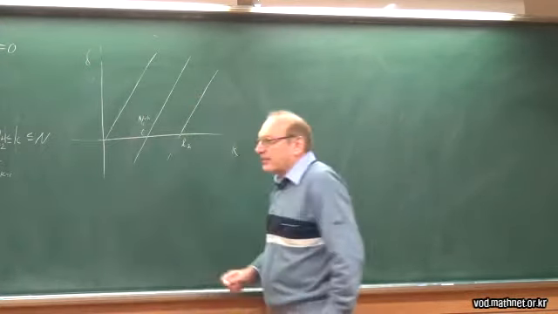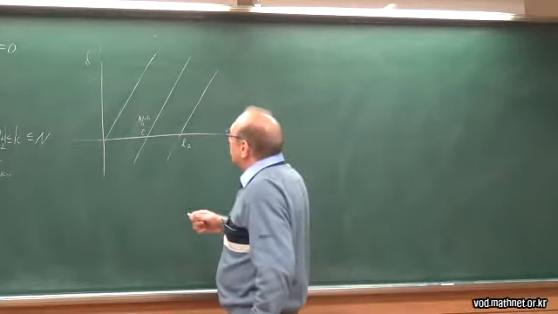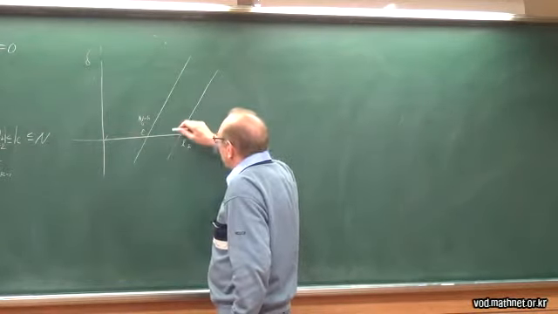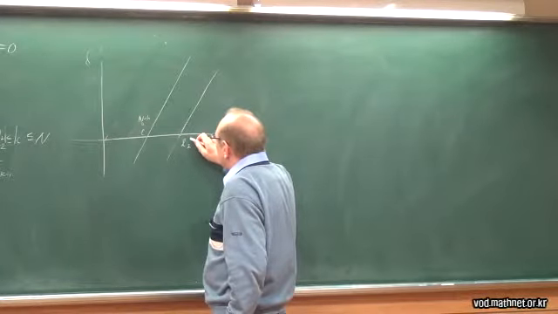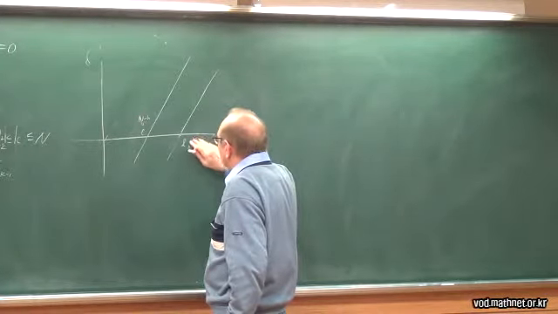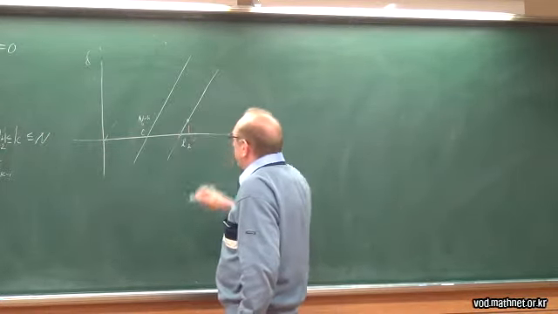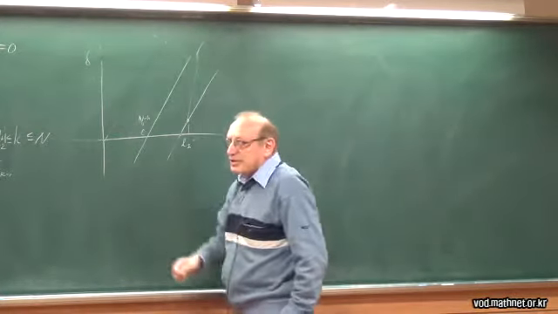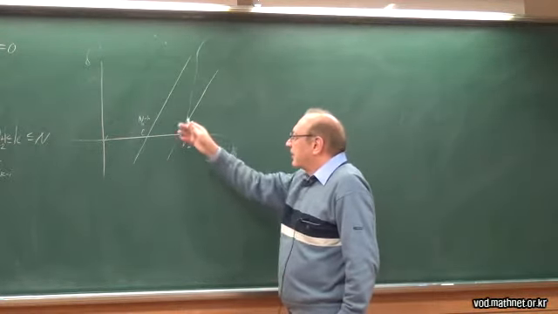So this is a 45 degree angle. So the function delta behaves like this, and the graph is contained in this area.